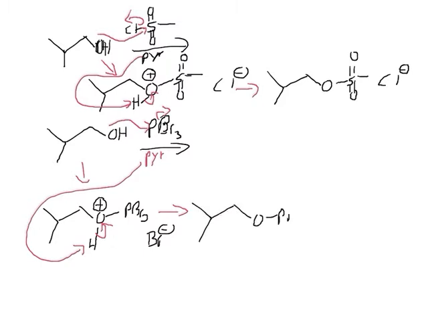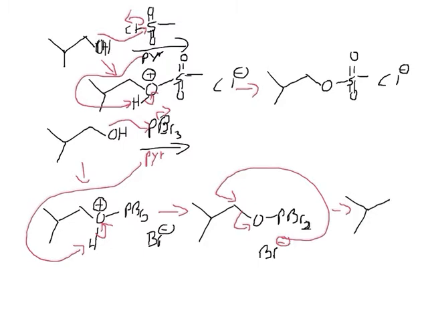Now with this one, it's different. What happens is, this will keep reacting, and it'll do an SN2 reaction right away. It won't stop. Right, so this did an SN2 right away.